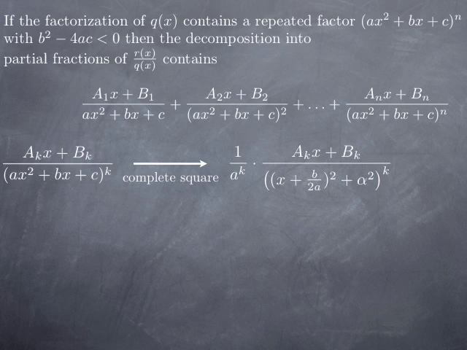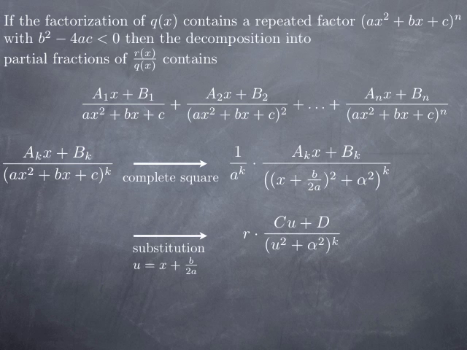It doesn't matter exactly how it is in terms of a, b, c. And then we take the substitution u equal whatever is under the square, and we get something that roughly looks like that, a linear function in u over something of the form u squared plus alpha squared to the k.